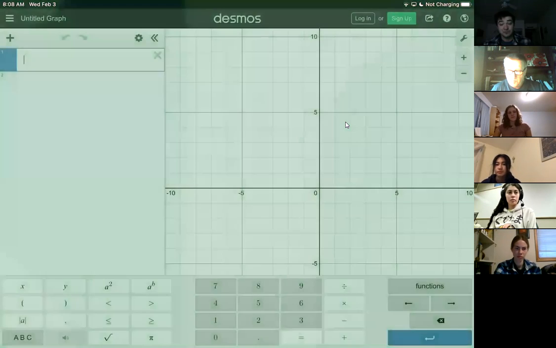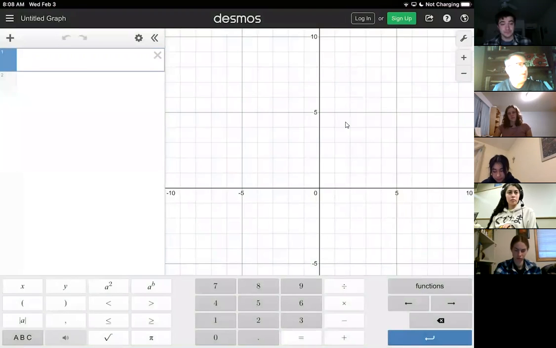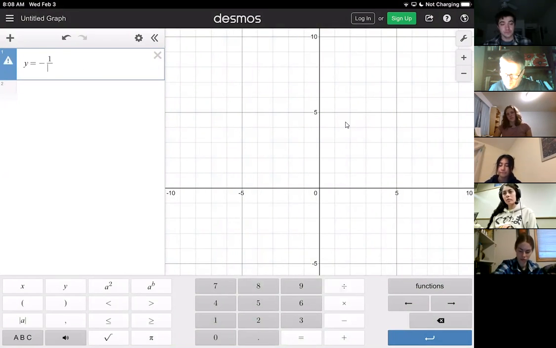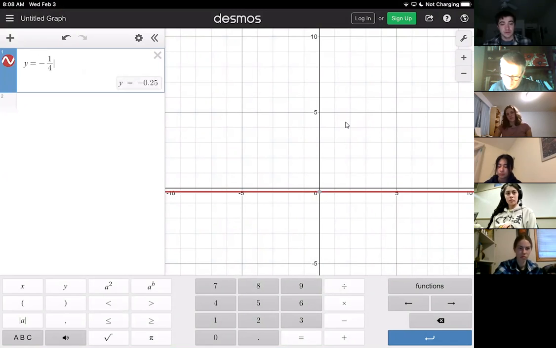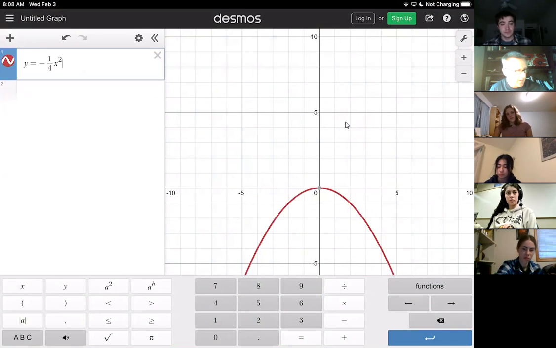So Desmos seems to be reacting relatively quickly. Let's see, do I care? What do I call this? I don't see any reason I can't call it y for right now. So y equals negative 1/4 x squared plus 2x plus 1.